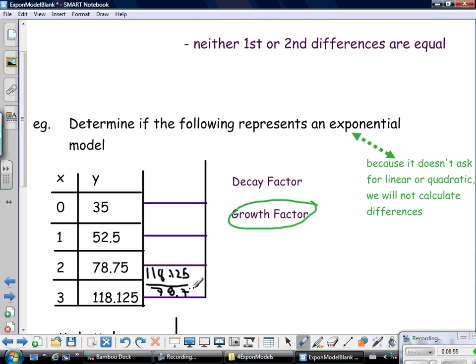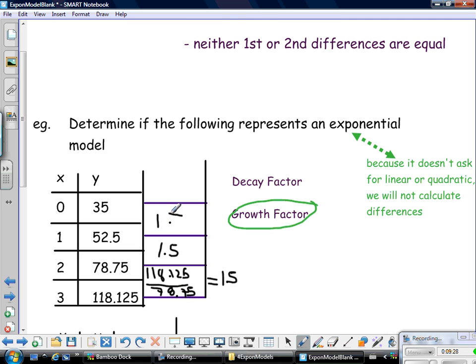Okay, so I'm taking the bottom one, dividing it by the one previous to it. So when I actually do that, I end up with this equaling 1.5. If I take the 78.75 and divide it by 52.5, amazingly, it's 1.5. And the last one, 52.5 divided by 35, also is 1.5.